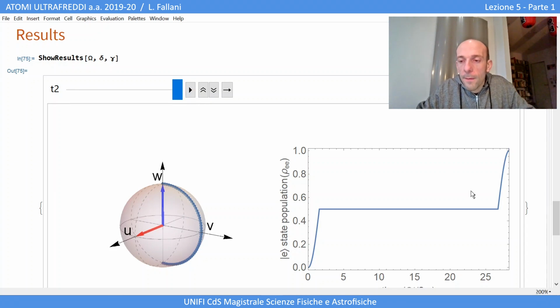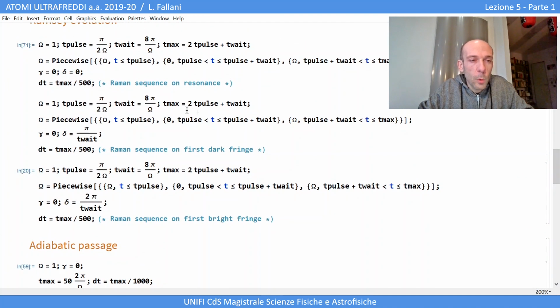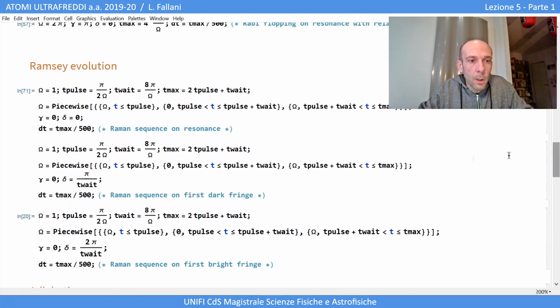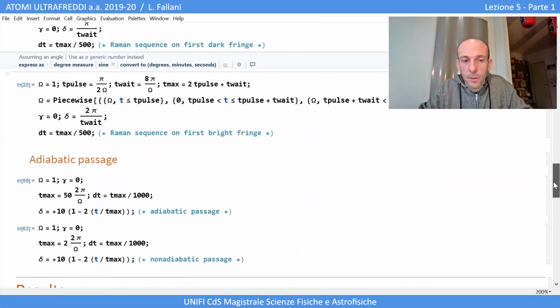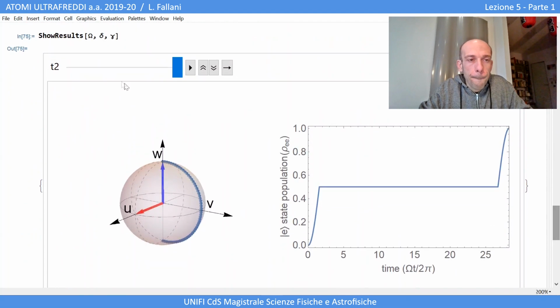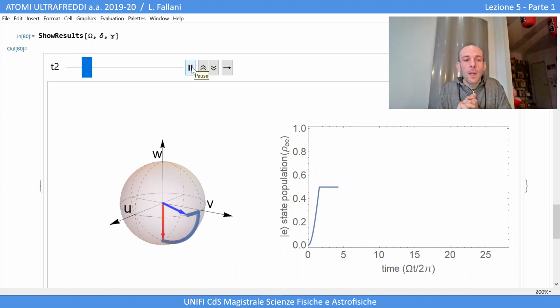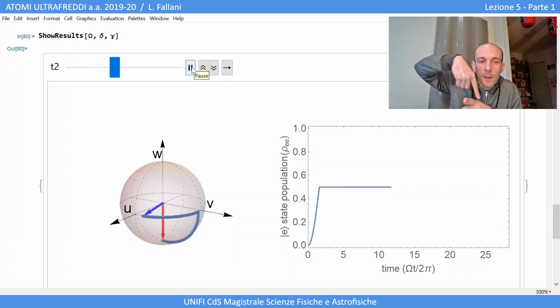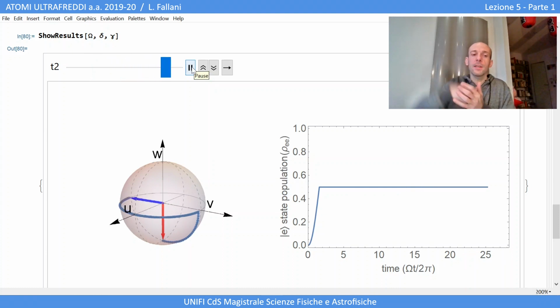Instead, if you have some detuning now, and this will be very nice, and I hope that this will be useful for you to understanding Ramsey spectroscopy. So now you have the first pi half pulse. Then during the dead time you have an evolution because you have a detuning, and so you have a Rabi vector that is different from zero.